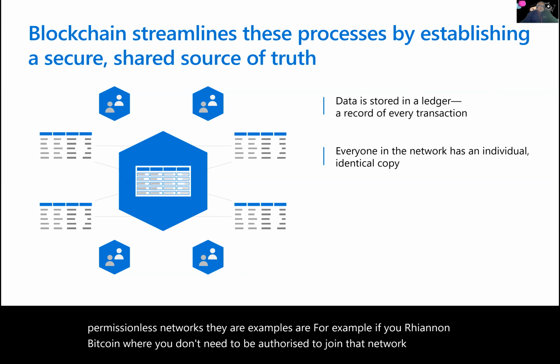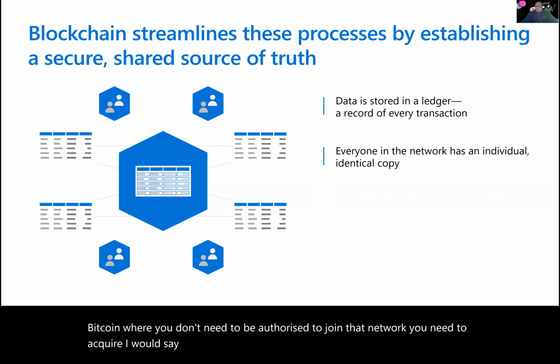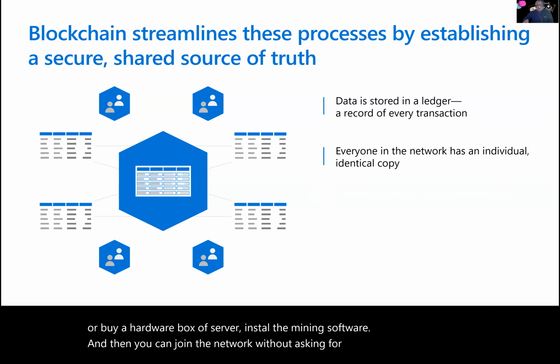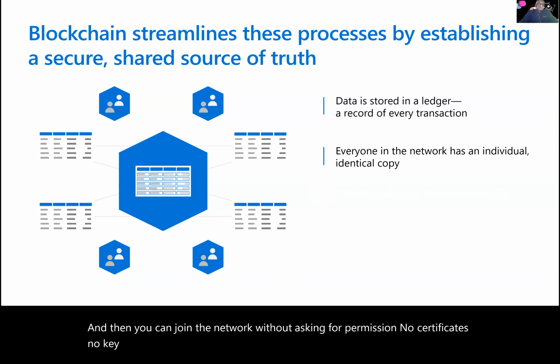You need to acquire hardware resources, allocate a server, or buy a hardware server box, install the mining software, and then you can join the network without asking for permission, no certificates, no key stores, and no identity exchange, for example.